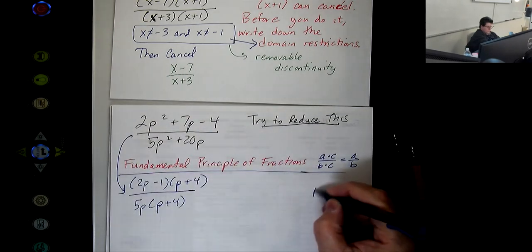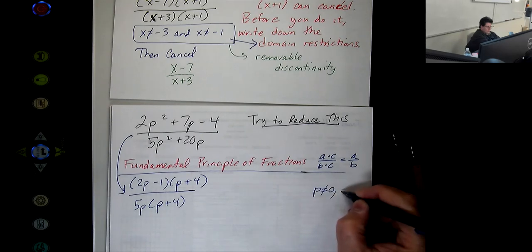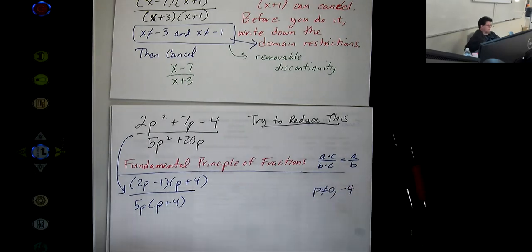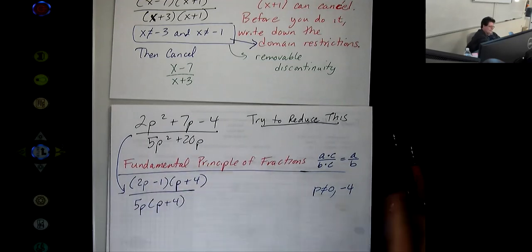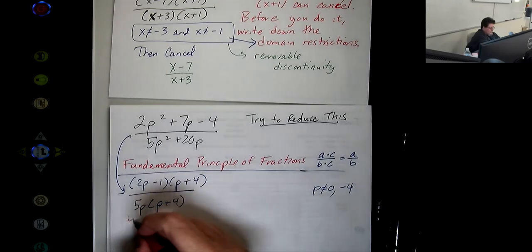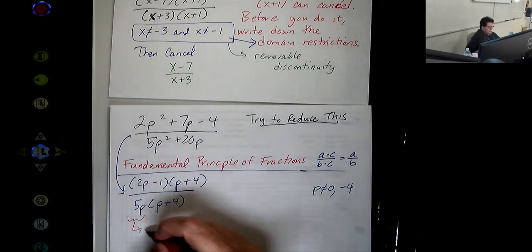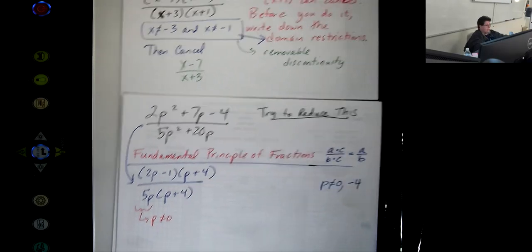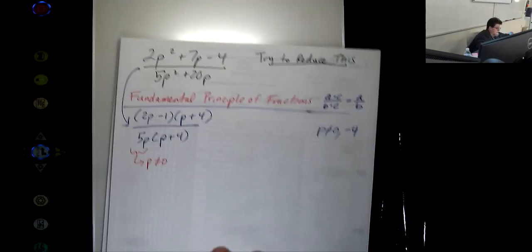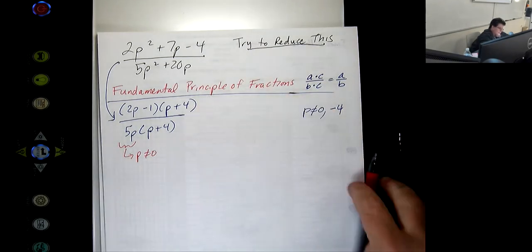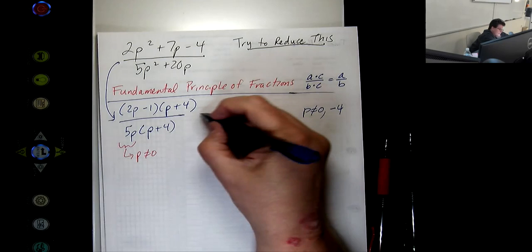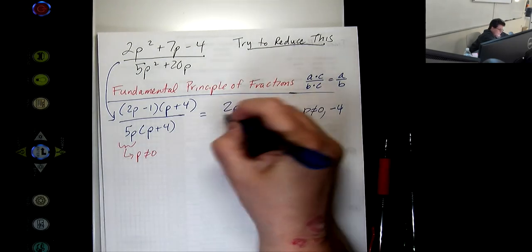Which means p cannot equal 0 or -4. Don't ignore this one. This one's an easy one to ignore. Don't ignore it. P can't equal 0. And then if we cross off at that point, now we can cancel stuff out. And we have 2p minus 1 over 5p.